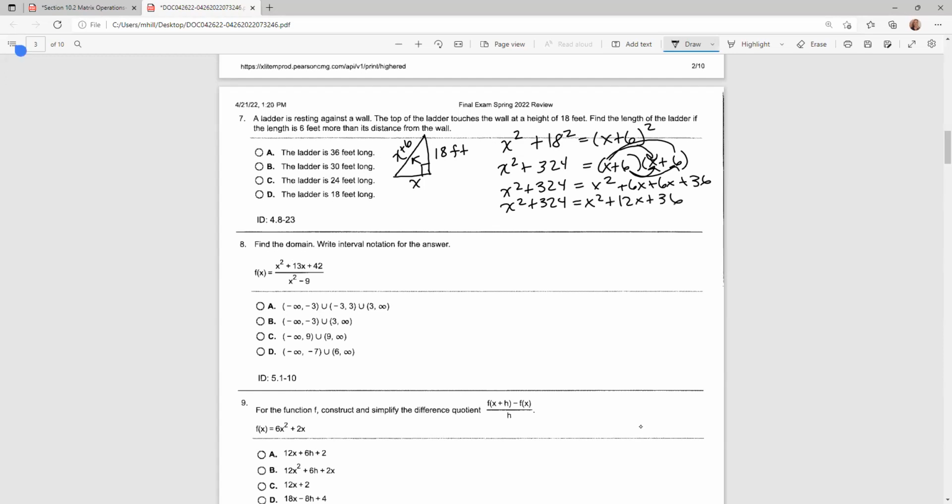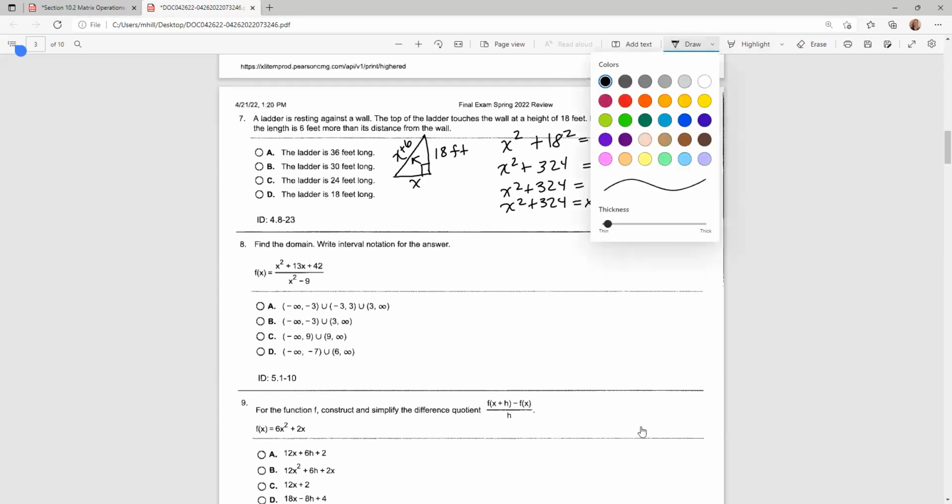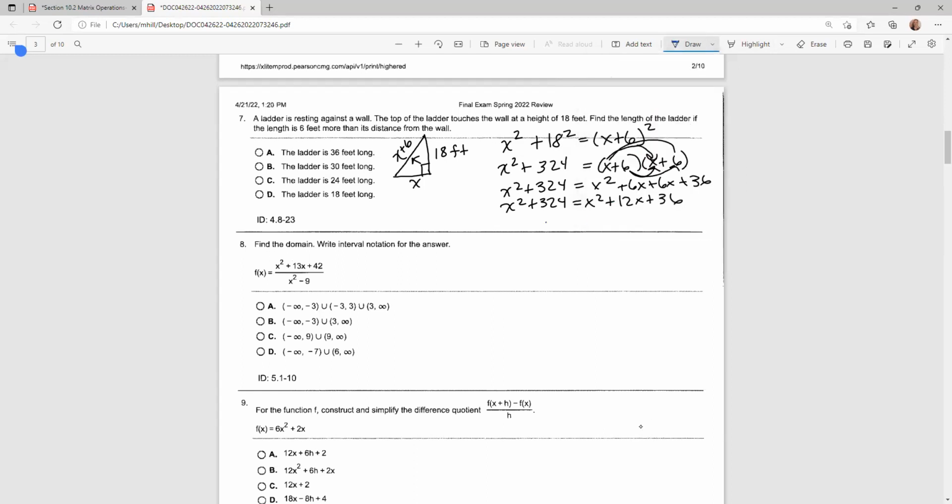Is everybody okay so far? I just kind of simplified that FOIL. This one was one of the nicer ones because we know it's quadratic at this point. But when we start solving it, we would try to get it equal to 0. So we would subtract an x squared, and those end up just going away.